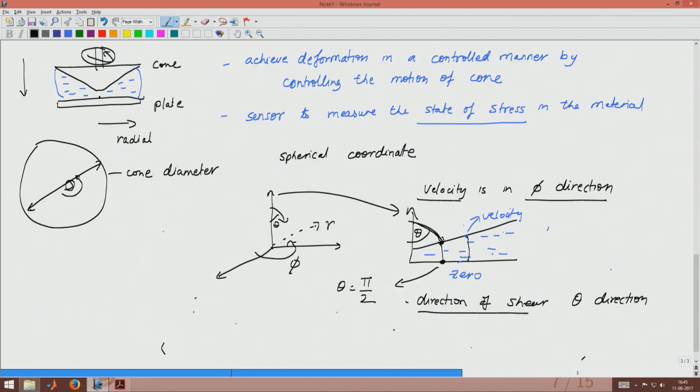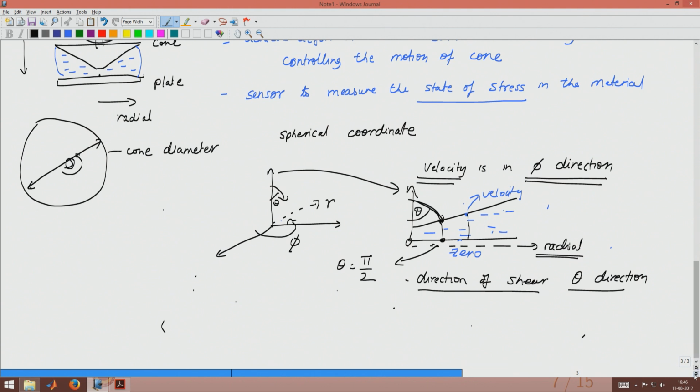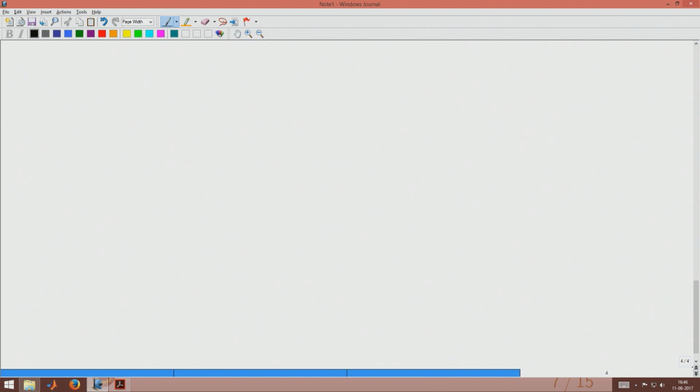And so, the direction of shear is theta, the direction of velocity is phi, and of course the radial direction is as we go from the center outward. So, now the question is, in this kind of scenario where we have all the r, theta, phi components, how do we describe the state of stress?